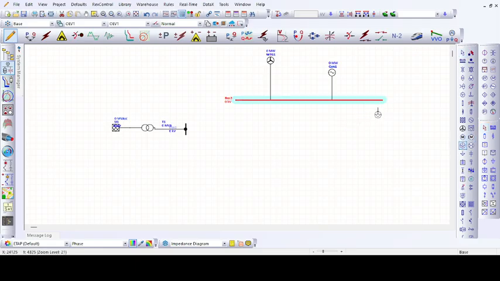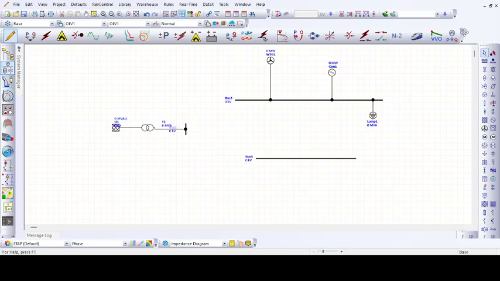So we have static loads and then lumped loads. I'm connecting the lumped load, and I'm going to connect the DC generation, such as solar energy.